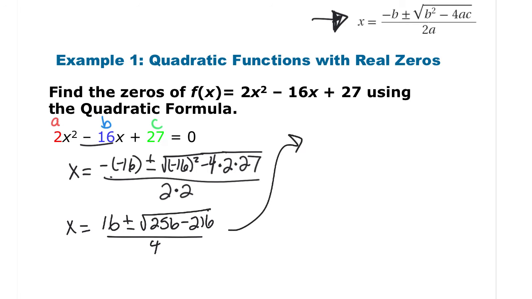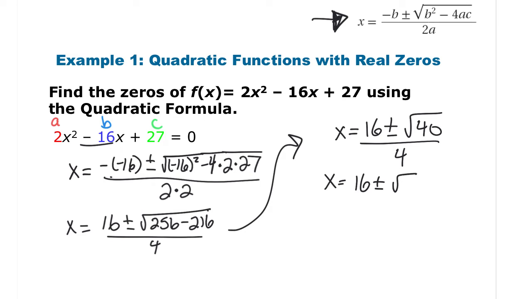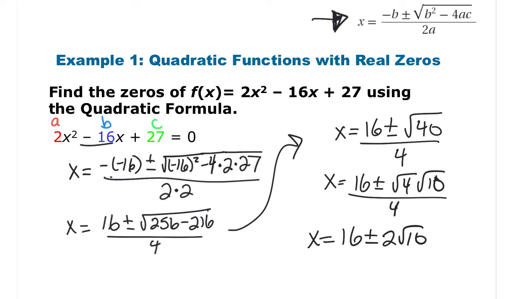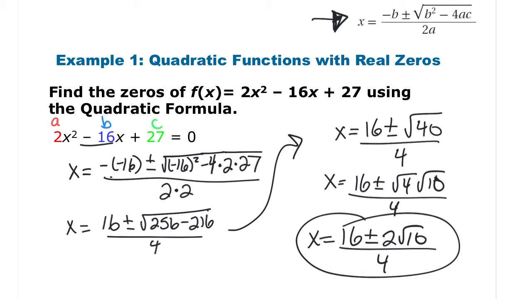If I keep simplifying, I'll have x equals 16 plus or minus, underneath the radical, we have 40, all being divided by 4. And now we're just going to keep simplifying here. Square root of 40 can be broken up into square root of 4 times the square root of 10, divided by 4. And finally, we break that up. Square root of 4 is 2, and there's our answer.